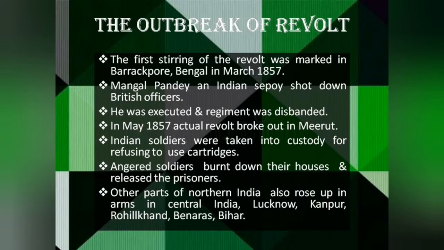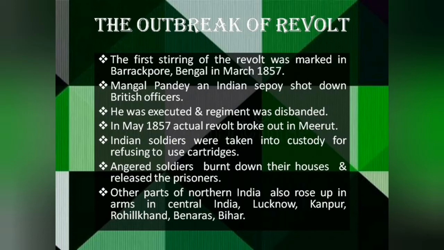The Indian soldiers at Barakpur refused to use the greased cartridges. A sepoy called Mangal Pandey triggered off the revolt at Barakpur by refusing to use the cartridges. He fired at an English officer, was arrested and subsequently hanged.